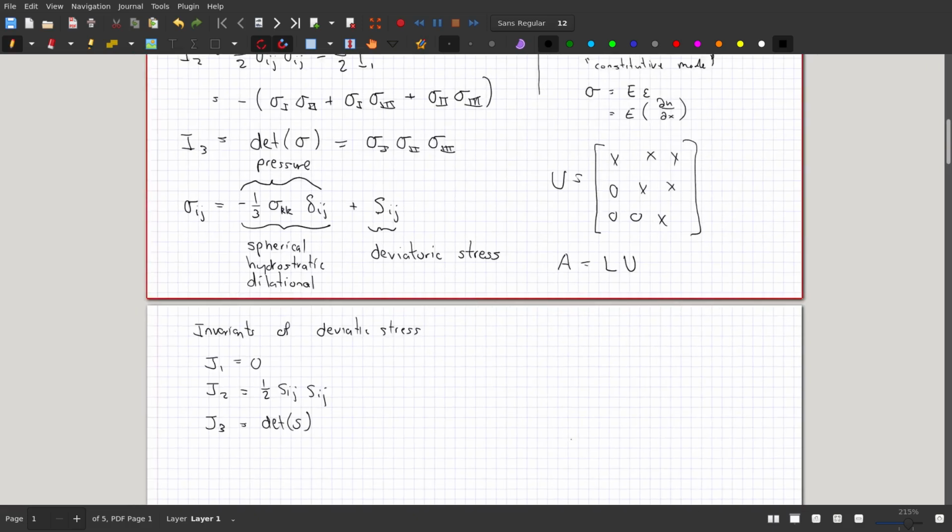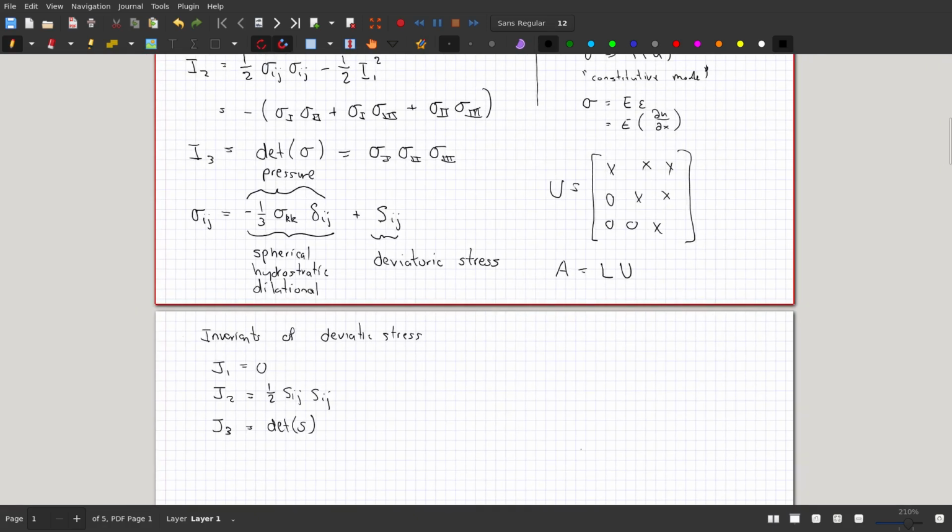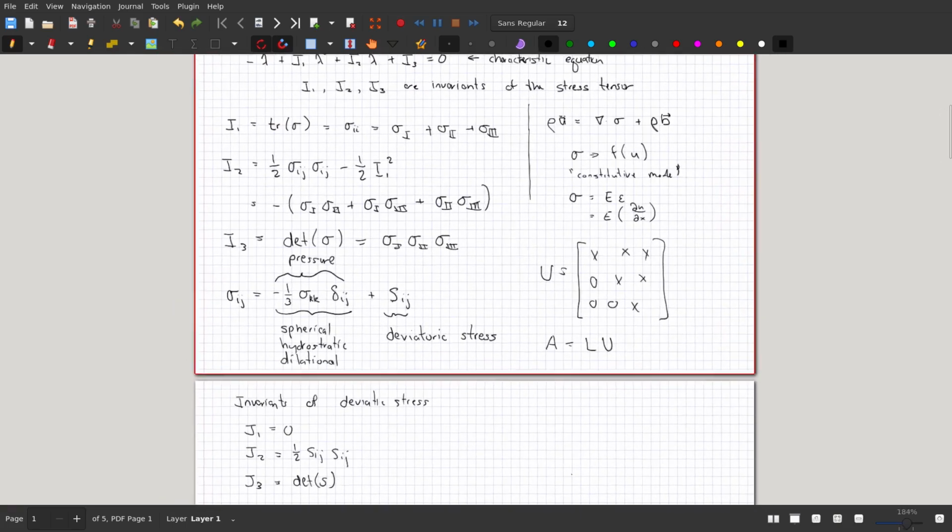Again, the deviatoric stress, you can rearrange this equation: it's the total stress minus the hydrostatic part. When you subtract off the hydrostatic part, the pressure is zero because you've taken it out, by definition of the deviatoric stress.